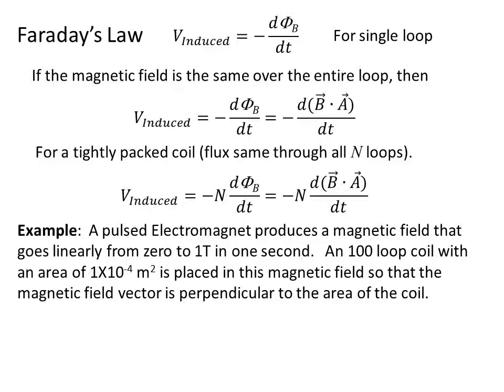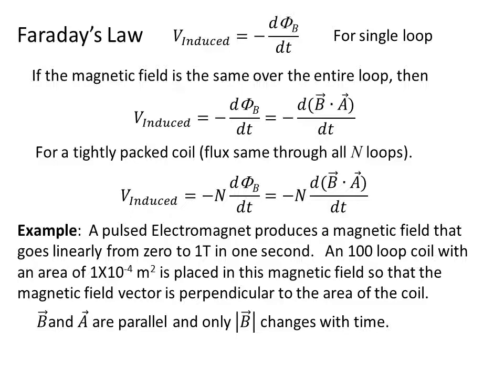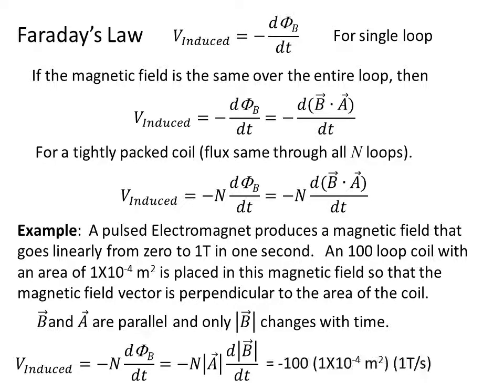Then we find that the magnetic field is perpendicular to the area of the coil. So B and A are parallel, and only B changes with time, so that V induced is minus N dΦ/dt, the number of loops times the magnitude of the area times the time rate of change of the magnitude of the B field.